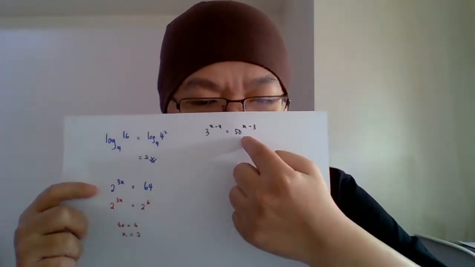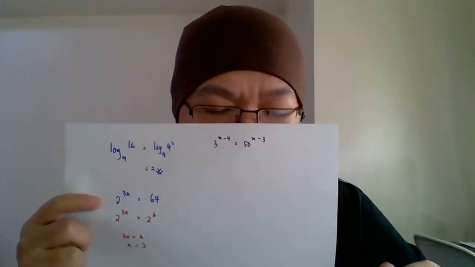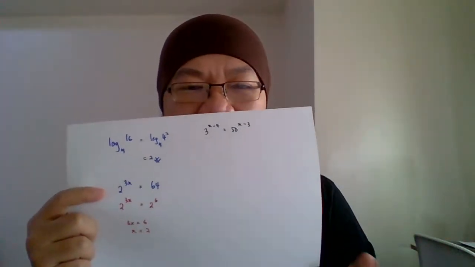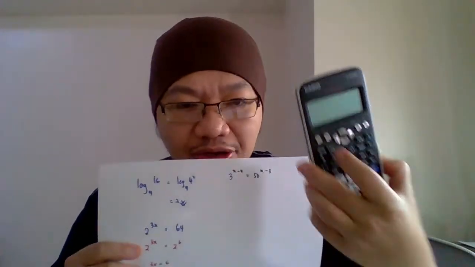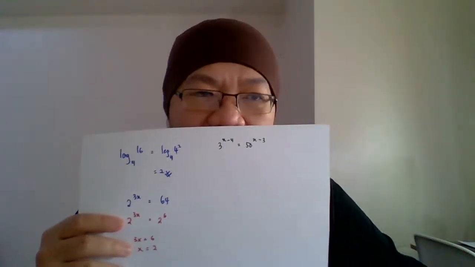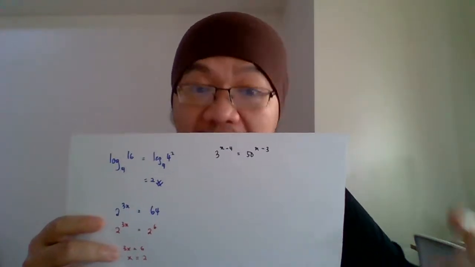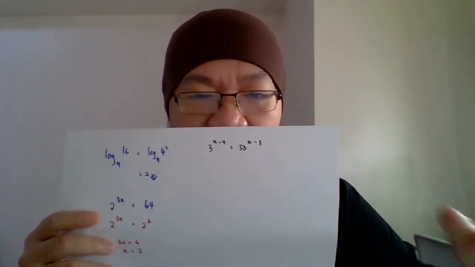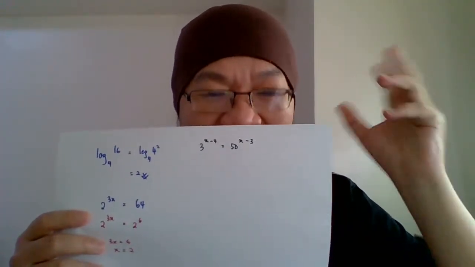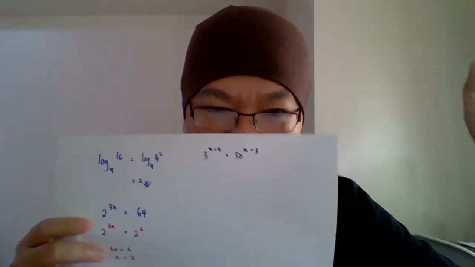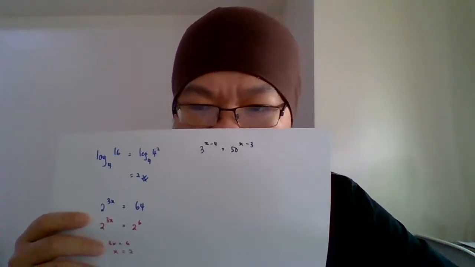But can we convert 50 to become 3 power something? If you try by trial and error, 3 power 2 is 9, 3 power 3 is 27, 3 power 4 is 81. There is no 3 power something that equals 50. Actually there is, but it is 3 power a decimal, so it is very hard to find.